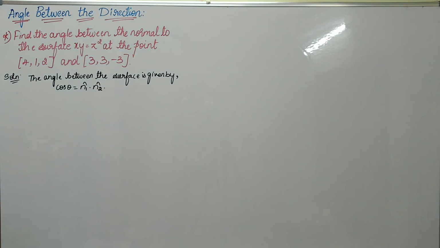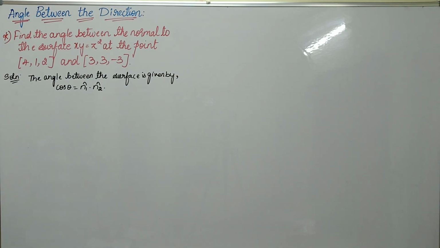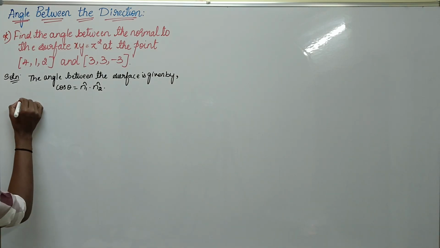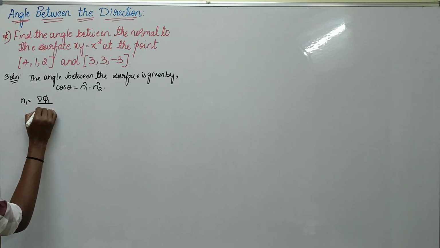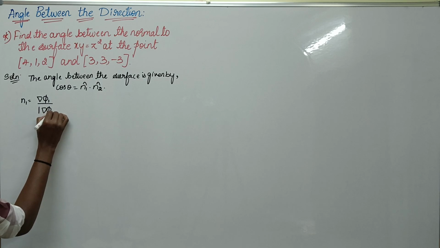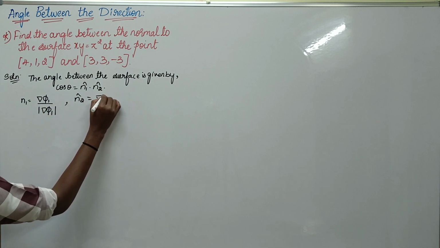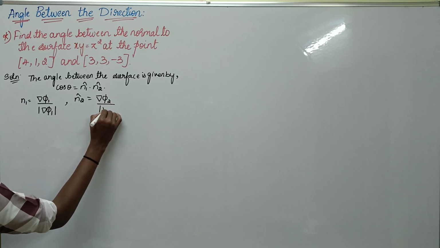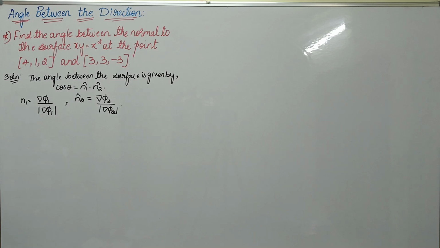What does n1 cap and n2 cap represent? The unit normal vectors. n1 cap represents gradient phi1 divided by modulus of gradient phi1, and n2 cap represents gradient phi2 divided by modulus of gradient phi2. Done? Now, yes.